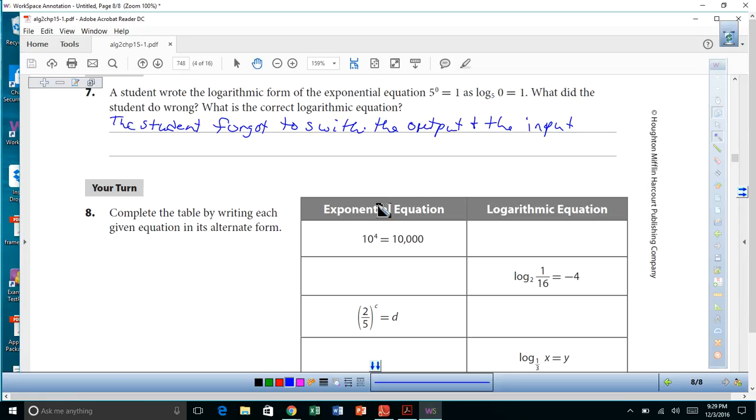So the correct one would be log base 5, 1 equals 0. That would have been correct.